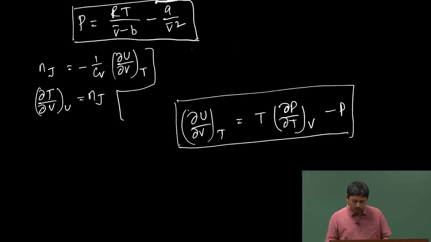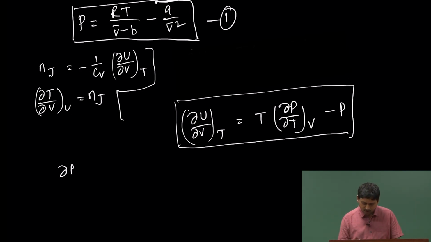So, now we know that del U by del V at constant T can be expressed in terms of this relation, T del P by del T at constant V minus P, and we know from equation 1 how to calculate del P by del T. Let us calculate that.